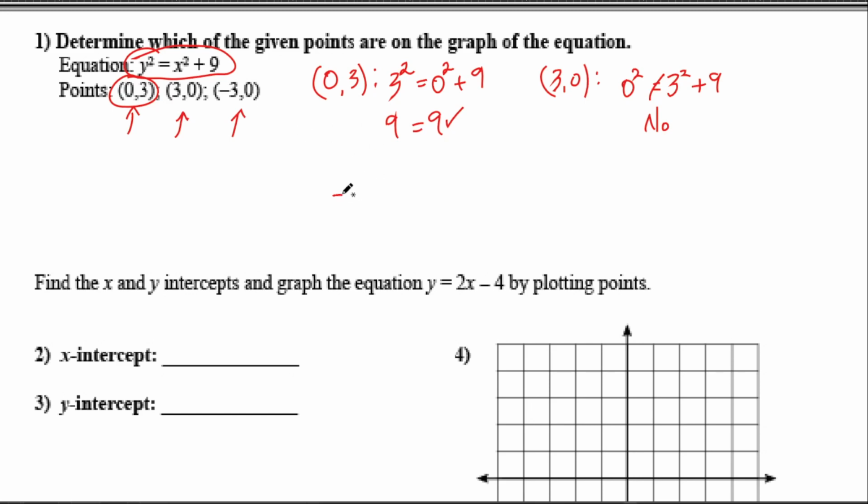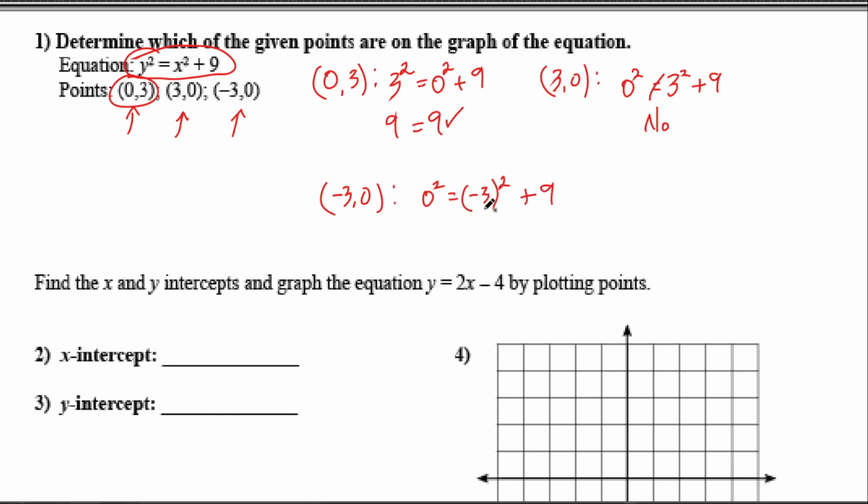Let's try one more. Let's try (-3, 0). Put in, again, it's y squared first, so it's 0 squared equals x squared, which is negative 3. Make sure you put that in parentheses. That makes a difference, okay? So it's that whole negative 3 being squared, plus 9. Actually, it wouldn't make any difference here.